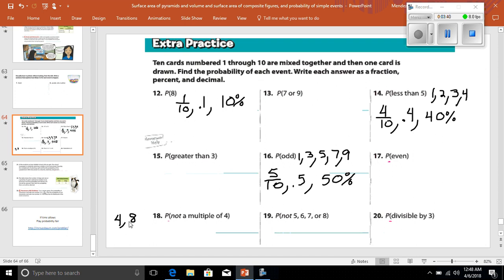So there are 2 of them that are multiples of 4, but they're saying it will be not a multiple of 4. So if there are 2 out of 10, that means there are going to be 8 out of 10 that are not. And we can reduce that, of course, because they're both divisible by 2.